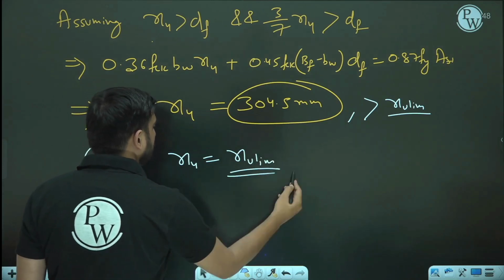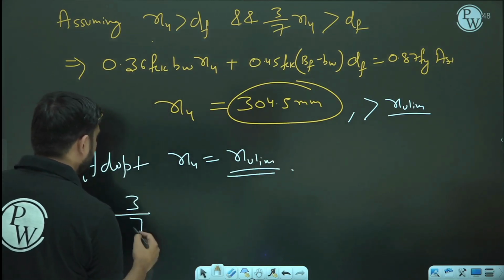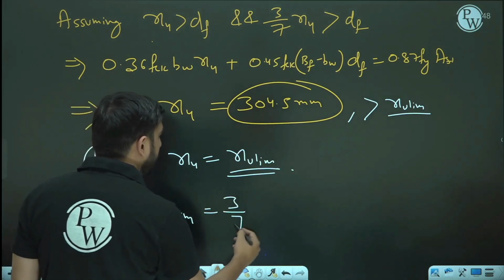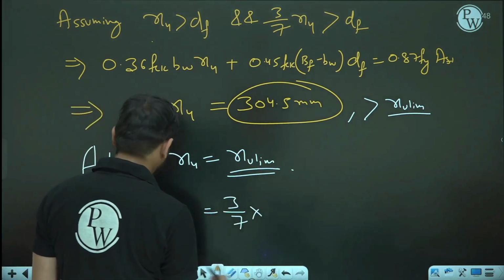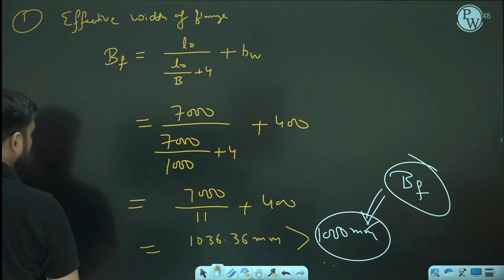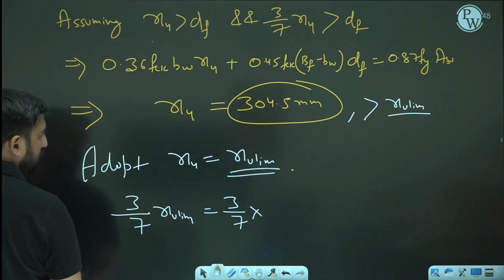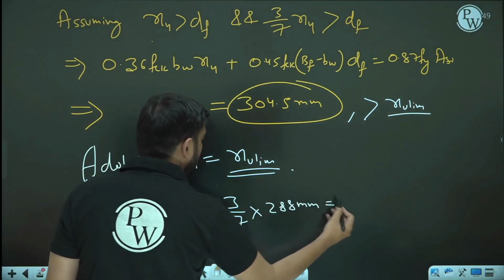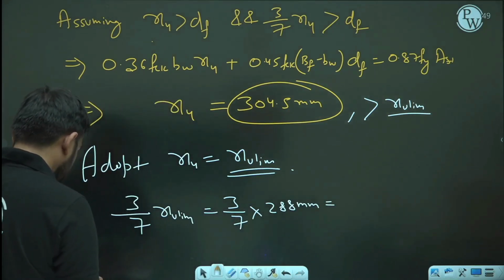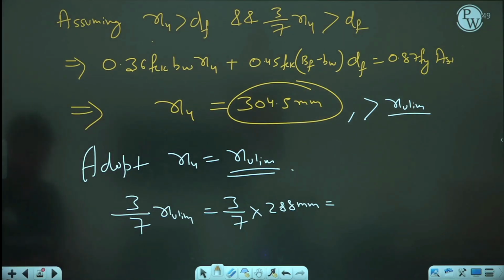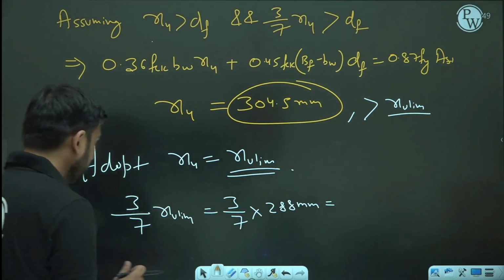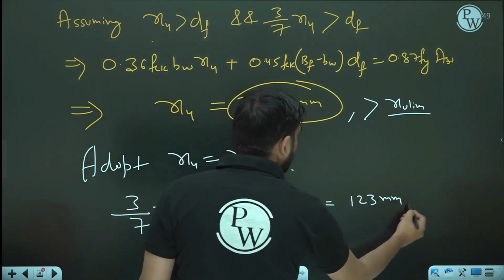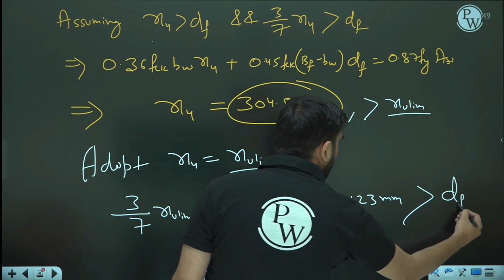Now what is 3 by 7 of XU lim? It was step number 1, it is 288. On solving this, you are going to get 123, and fortunately this is greater than DF, which is 100 mm.